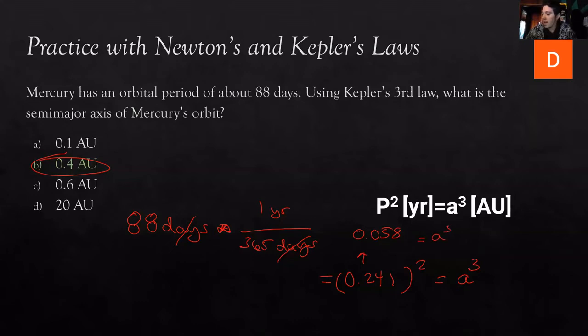Now, in order to just get A, we have to take the cube root of each side. So A comes out to be 0.387 AU, which rounds up to 0.4 AU.